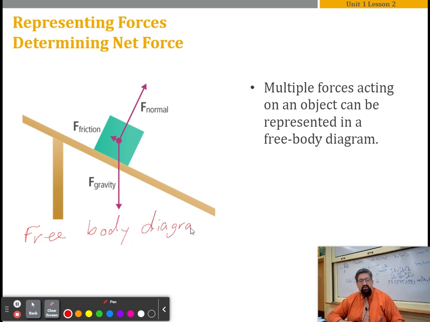They help us determine the net force on an object. A free body diagram doesn't show all the forces in a picture. It doesn't show the forces acting on this ramp. It only shows the forces acting on one object.